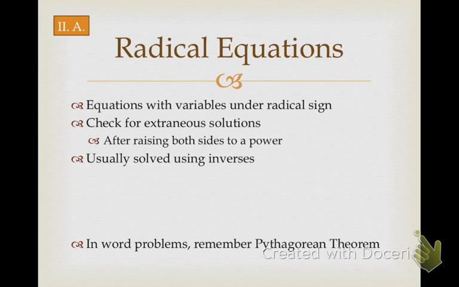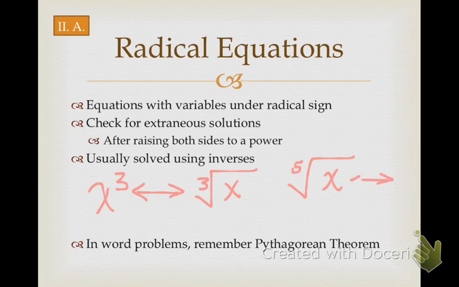So, for example, the inverse of x cubed is the cube root of x. So those two can be used to solve the inverse of anything to like an nth root here. So we could have like the fifth root of x would be raising something to the fifth power.